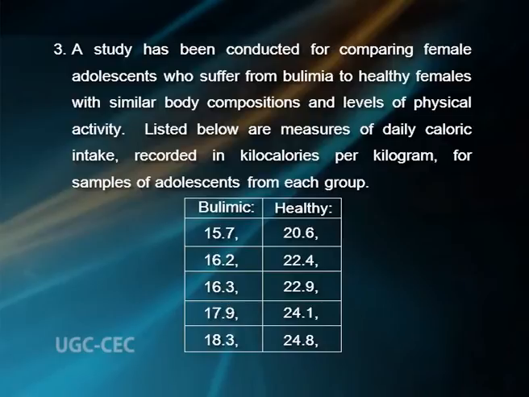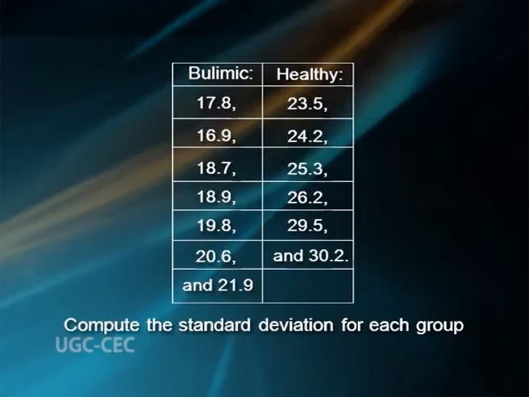Bulimic: 15.7, 16.2, 16.3, 17.9, 18.3, 17.8, 16.9, 18.7, 18.9, 19.8, 20.6 and 21.9. Healthy: 20.6, 22.4, 22.9, 24.1, 24.8, 23.5, 24.2, 25.3, 26.2, 29.5 and 30.2. Compute the standard deviation for each group.